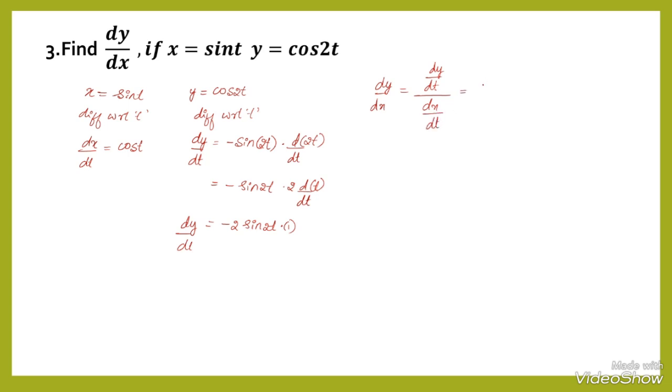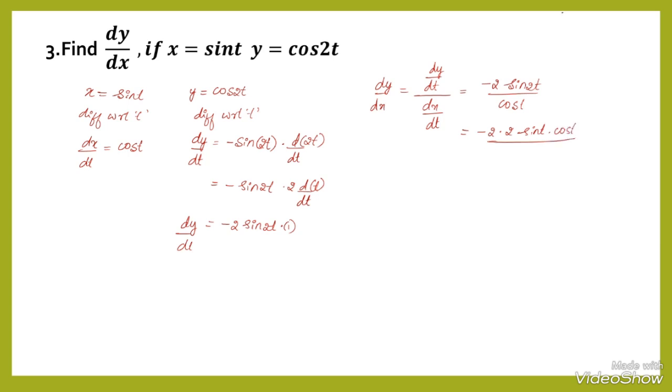It becomes minus 2 sine 2t divided by cos t. Sine 2t can be written as 2 sine t cos t. It is the double angle formula.